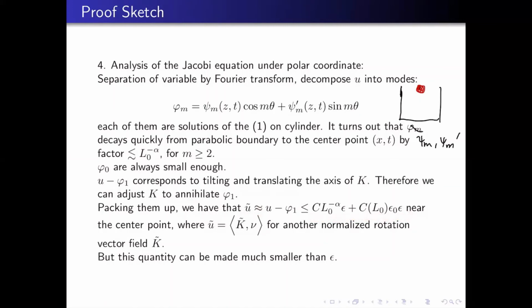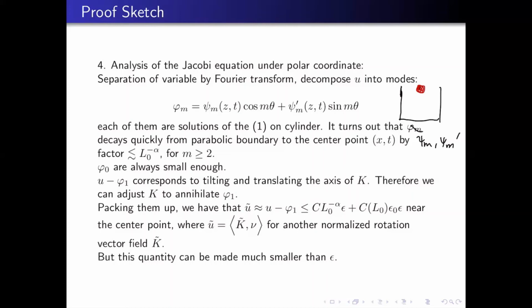And this adjustment is just a representation of the adjustment of K by some rotation and some translation. Therefore, that means we do find another rotation vector field K tilde such that K tilde dot nu will be very small, much smaller than before.